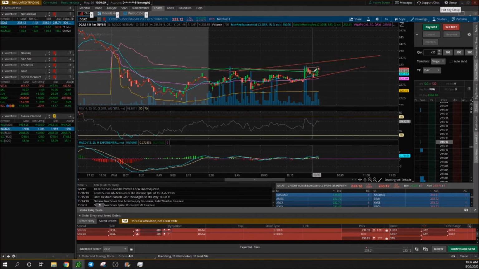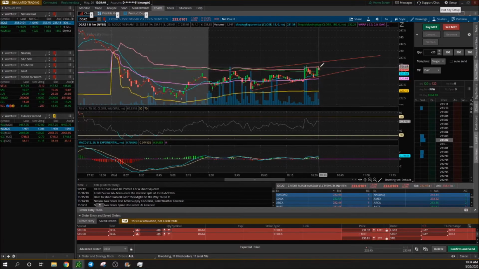So if I left that position size open, this is an example of what I'm talking about. We had another push here, and I could have bought in more and increased my position size from 20 to maybe 100 again, or 50, or whatever you feel comfortable with.